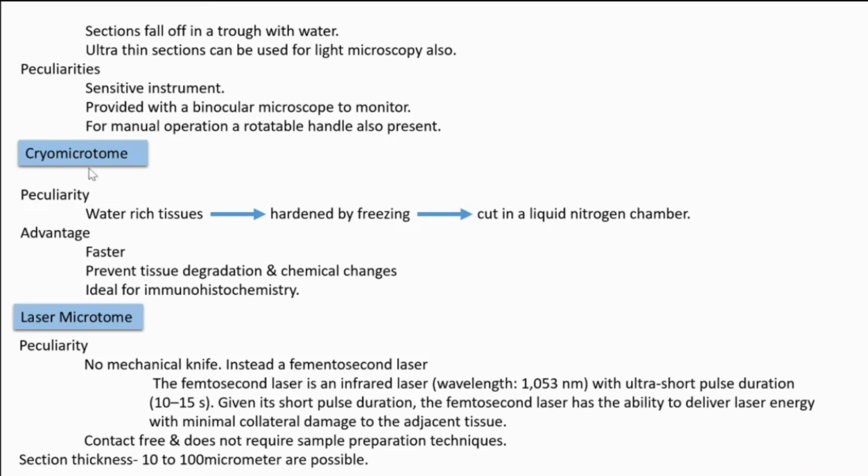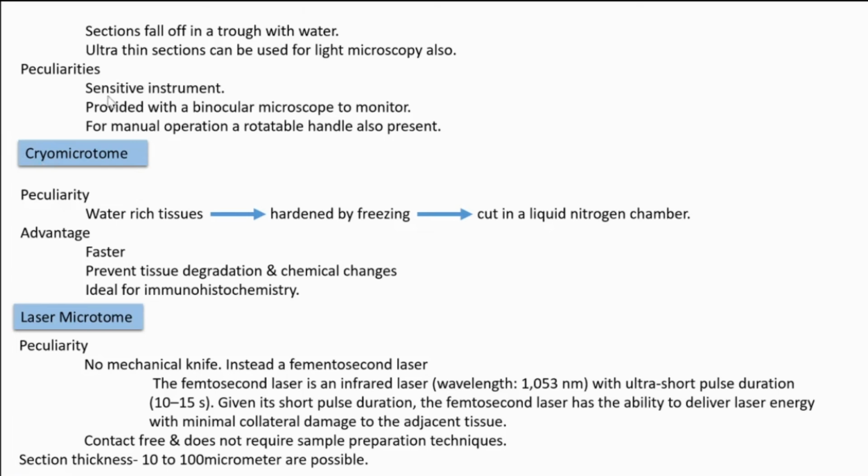The next is about the cryomicrotome. What is its peculiarity? It works for water-rich tissues. Water-rich tissues are first hardened by freezing. Cryo means something relating to freezing; that you have to understand.